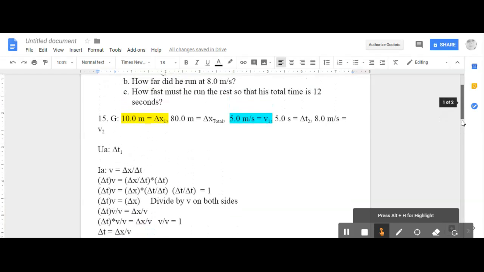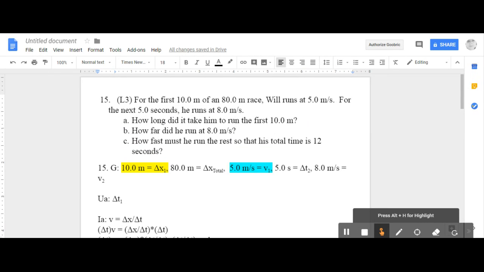So in this case, we're looking at an 80-meter race. So size-wise, that means that this person is running about a quarter of the track. Okay, an 80-meter race, 100 meters is a quarter of the track, and they're only going a tenth of that.